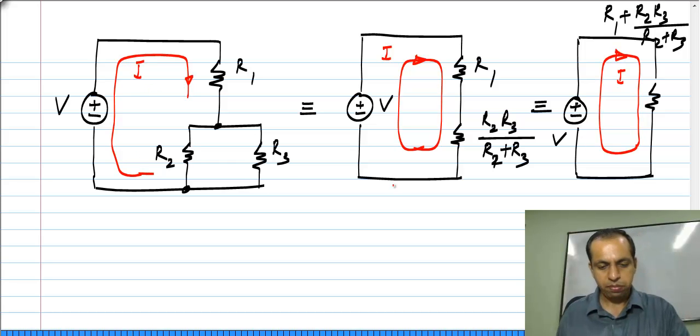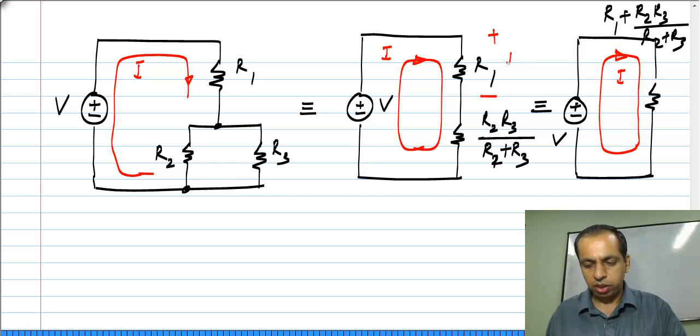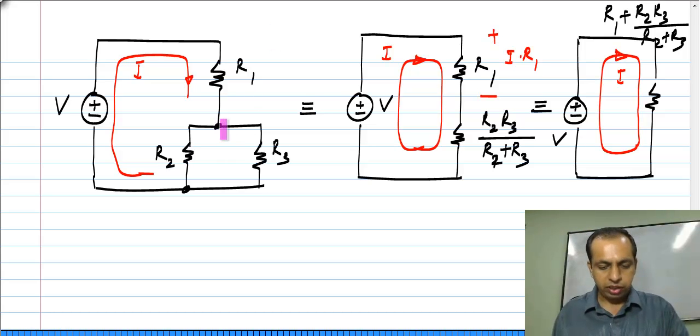Okay. And if you want to calculate the voltage across R1, it will be I times R1, which you can easily calculate. Now, at this node, this I divides into two parts. So, some of it goes this way and some of it goes that way, and finally combine.